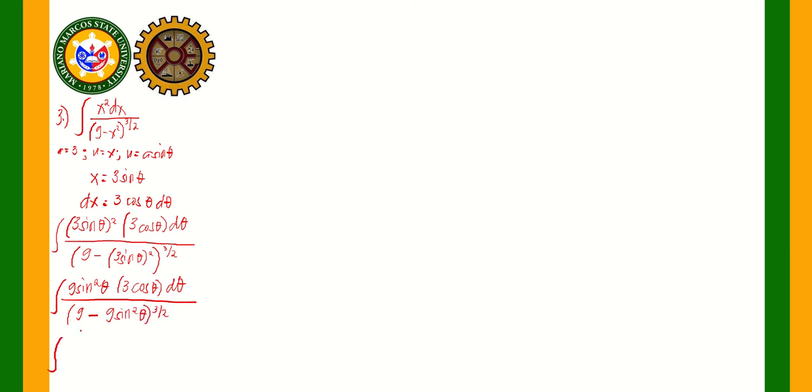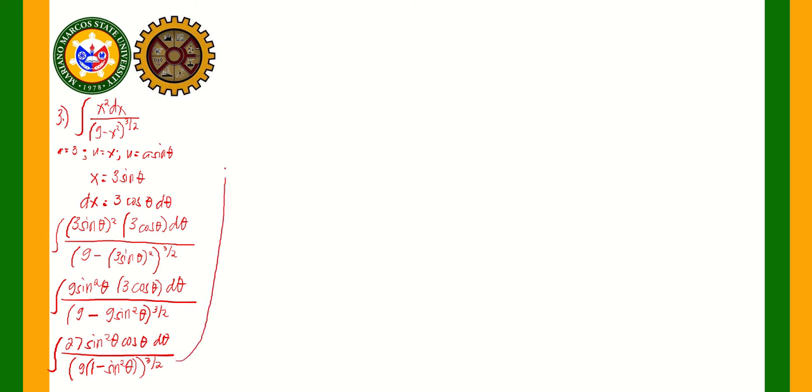So simplifying further, we have 27, 9 times 3, and then sine squared theta cosine theta d theta all over, we can factor out 9, and then we will be left with 1 minus sine squared theta quantity raised to 3 over 2.